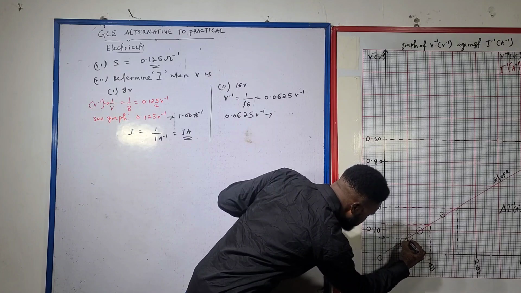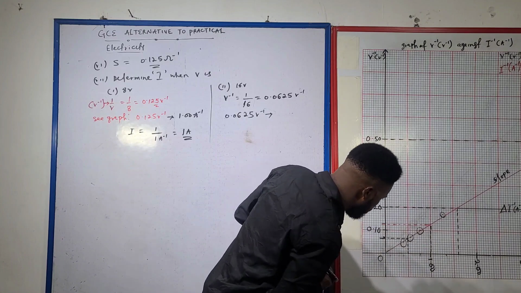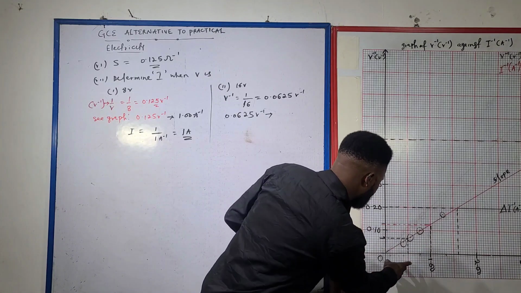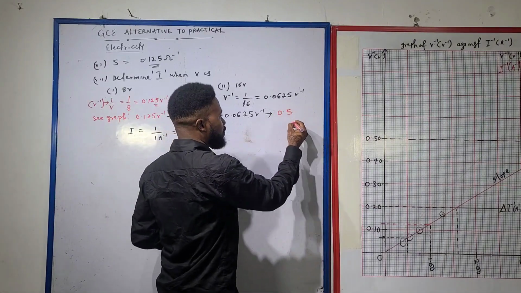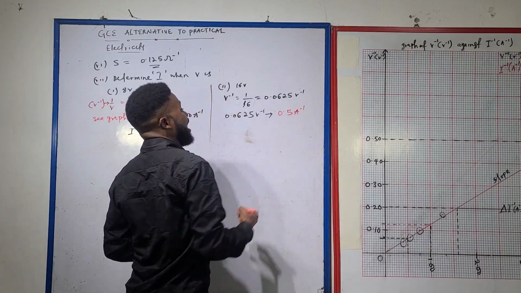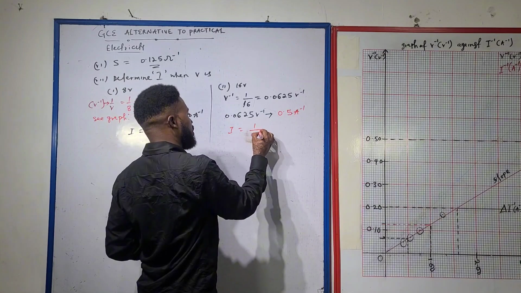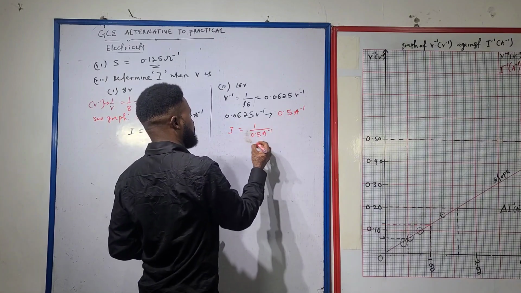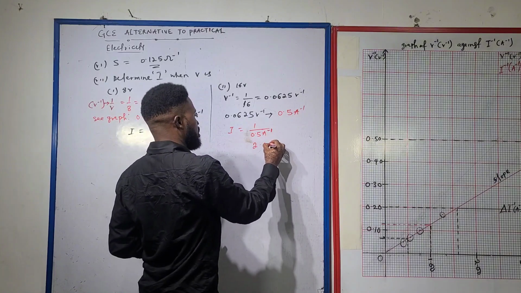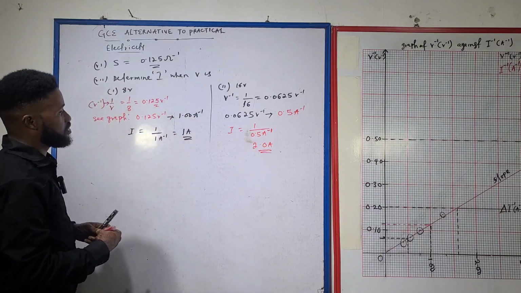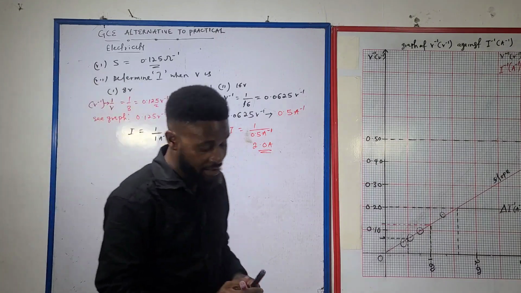If I trace that down, using my extrapolated line, that falls on 0.5 per ampere. So I was told to look for the current. So the current is going to be 1 divided by 0.5 per amps, that's going to give me 2.0 ampere. Exactly the prediction I gave before the start of the question. So that ends question 7.